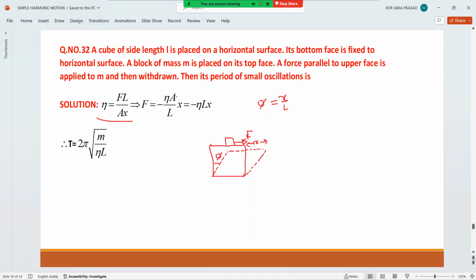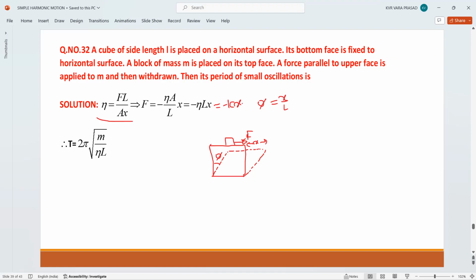Now in place of A, we can write L square because it is a cube, so the face area equals L square. Then we get minus eta L into x. This is of the form minus k into x. Therefore, the time period of small oscillations is 2 pi root of m by eta L.